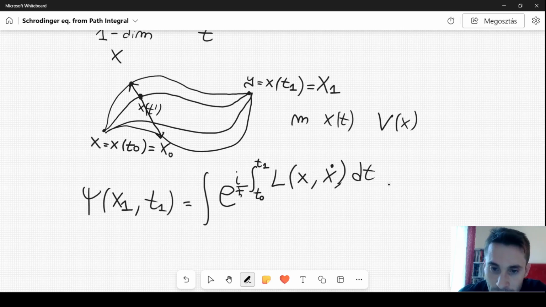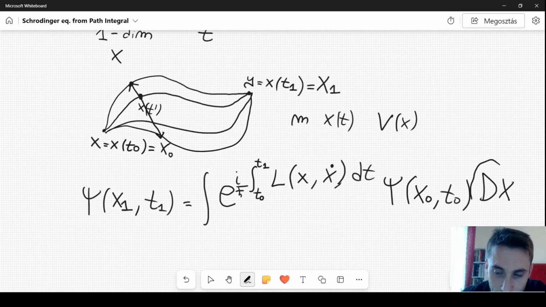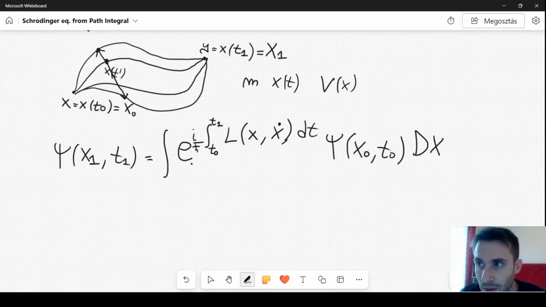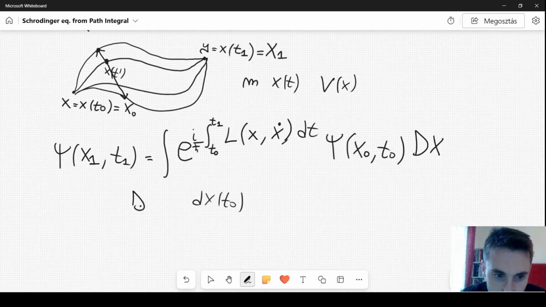And then inside the path integral we have amplitudes evaluated at the initial time, x0, t0, and we have a measure related to the position. So this dx here is proportional to a product of differentials of the kind dx of t0 dot dot dot dx, and we approach the end point.